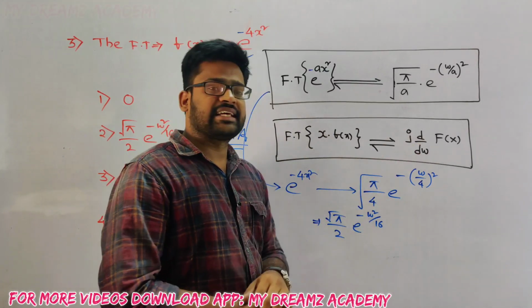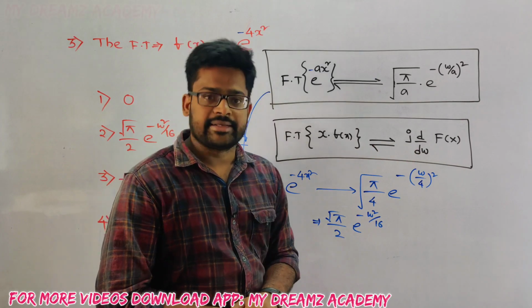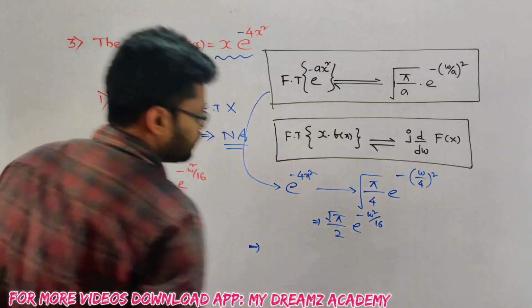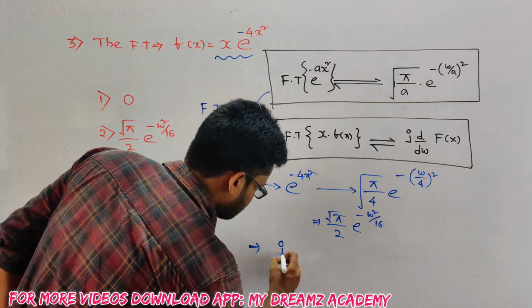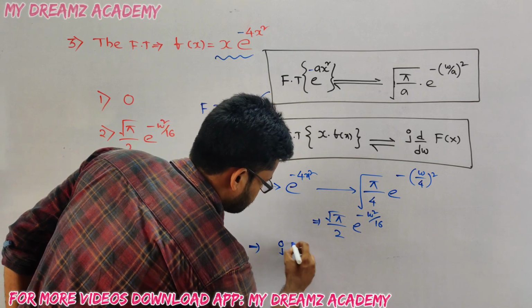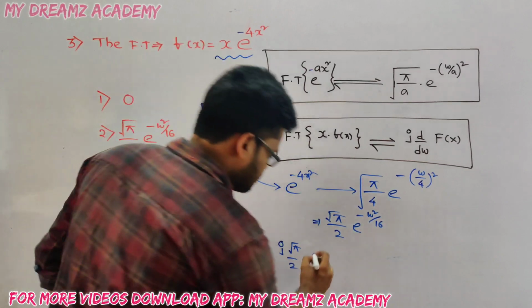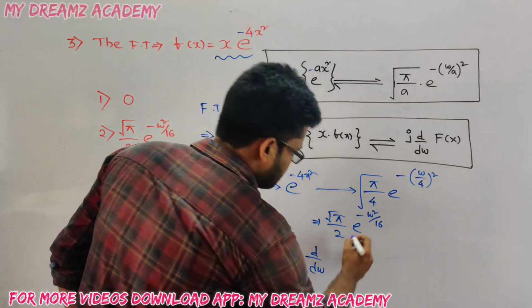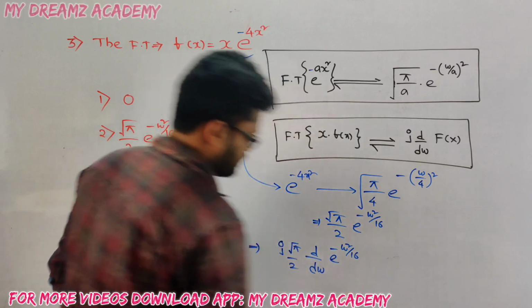If I divide with x, I need to do the integration. Okay? Yes. Now apply this: that is j, root pi by 2 is the constant, d by d omega of this function, that is e to the power of minus omega square divided by 16.